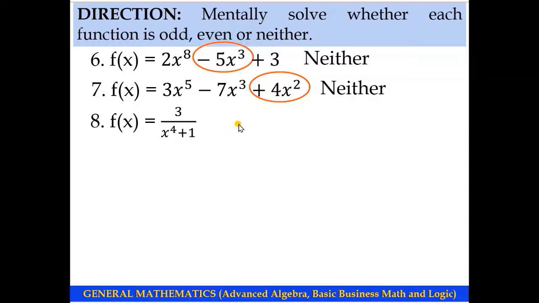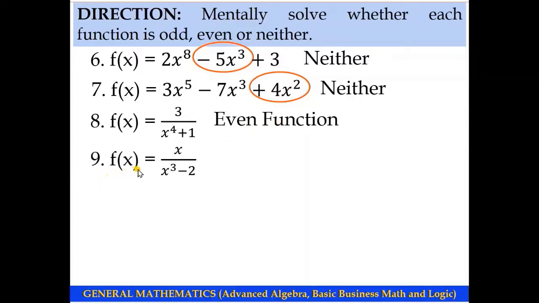And this is an even function. If we solve for f of negative x of this function, f of x equal to 3 over x raised to 4 plus 1, that will result in itself. That makes this an even function.